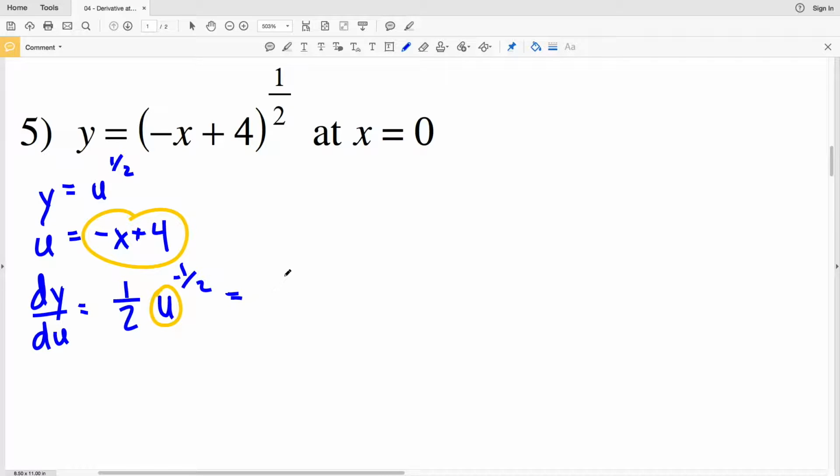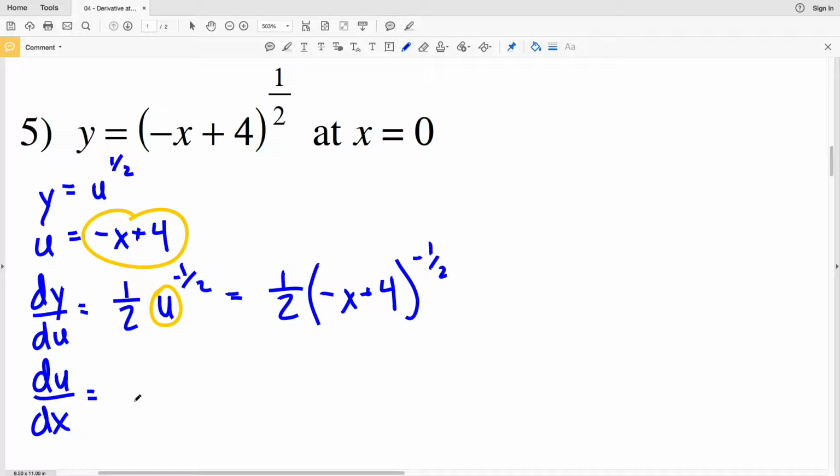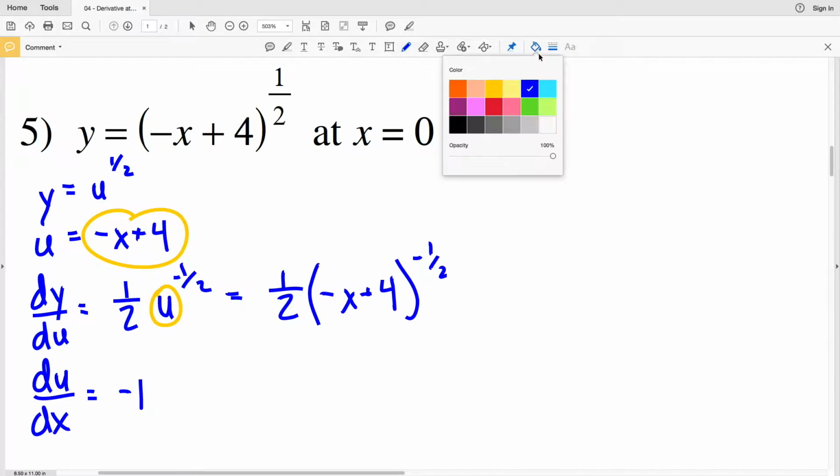So we'll get 1/2 times negative x plus 4 to the negative 1/2. And now we'll find the derivative of u with respect to x, which the derivative of negative x plus 4 is a negative 1.